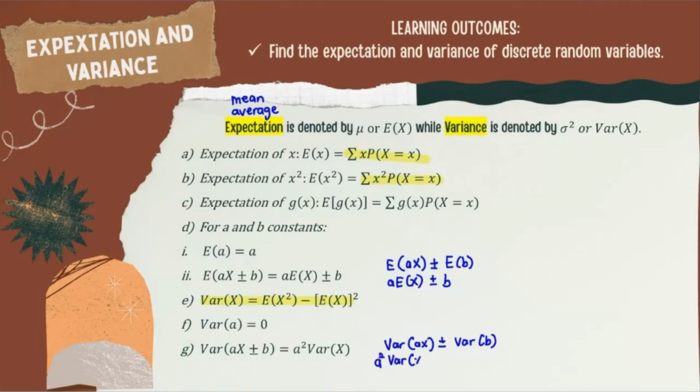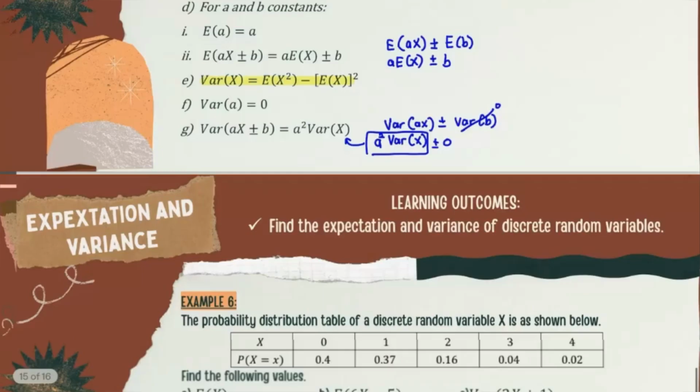So it will be A squared variance of X. Tapi since our variance of a constant B will be 0, so dia akan jadi plus or minus 0. So that's why nanti dia akan end up tinggal ini sahaja, which will be our properties here. Okay, so ini adalah cara nak dapatkan expectation dan juga variance.